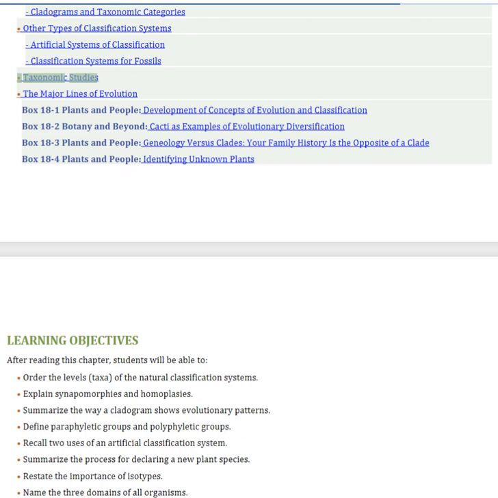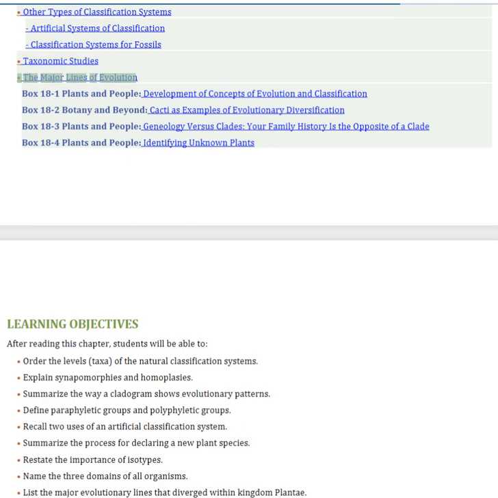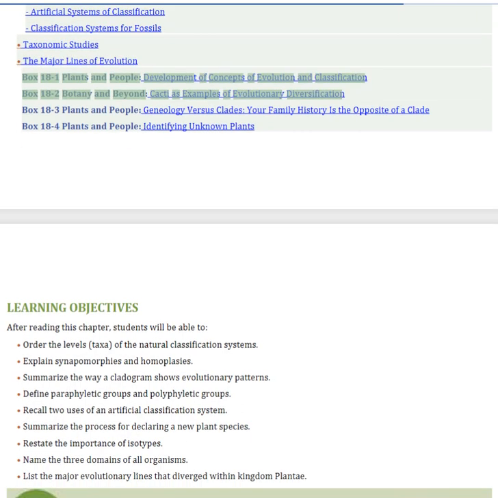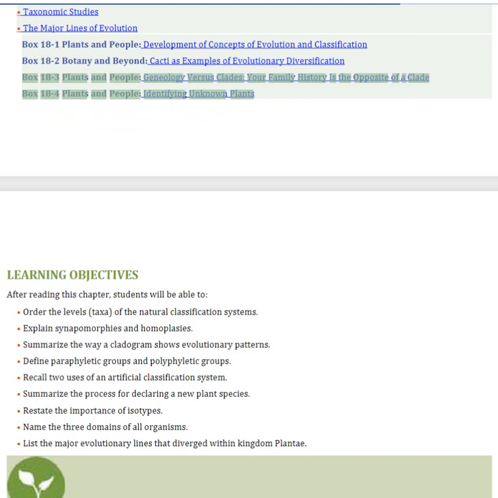Taxonomic studies. The major lines of evolution. Box 18-1 Plants and People, Development of Concepts of Evolution and Classification. Box 18-2 Botany and Beyond, Cacti as examples of evolutionary diversification. Box 18-3 Plants and People, Genealogy versus Clades, Your family history is the opposite of a clade. Box 18-4 Plants and People, Identifying unknown plants.